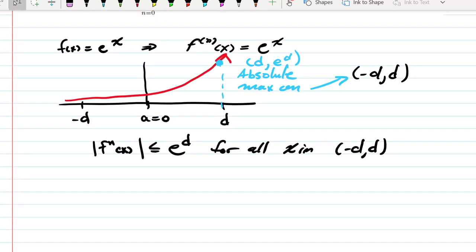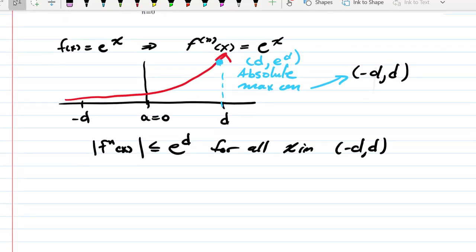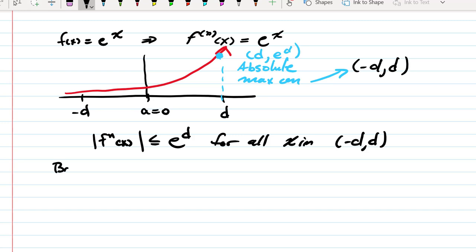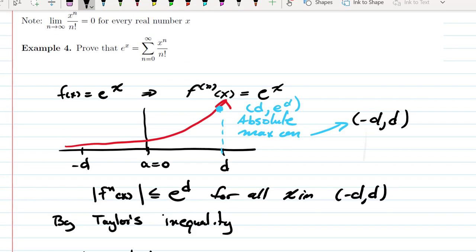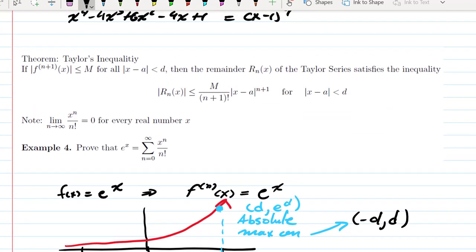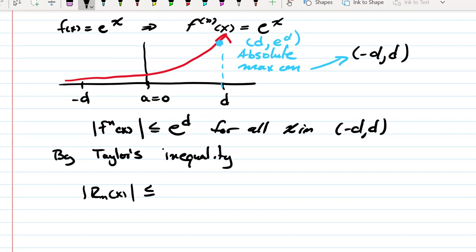So then, using Taylor's inequality, we have the absolute value of the remainder is less than or equal to m over n plus 1 factorial.